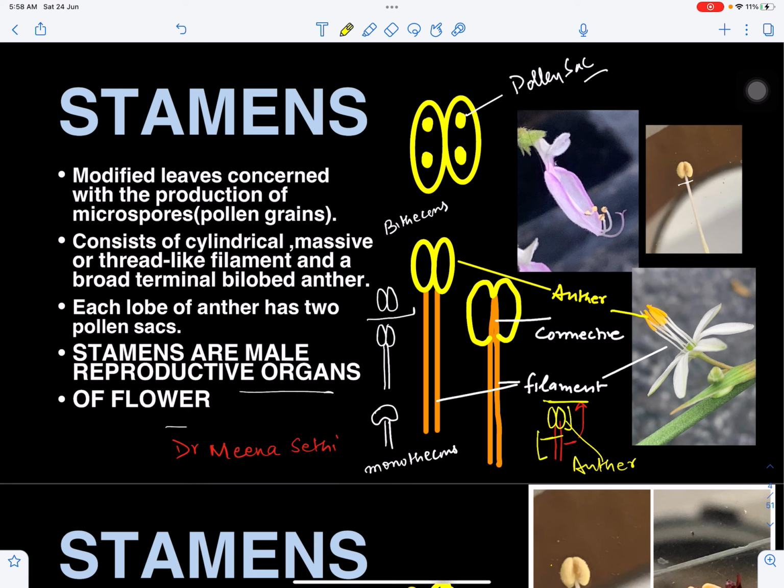So filament plus anther form the stamen. When 2 lobes are there, this condition is called bithecous. There are 4 groups of microsporangium, or we can say there are 4 pollen sacs.